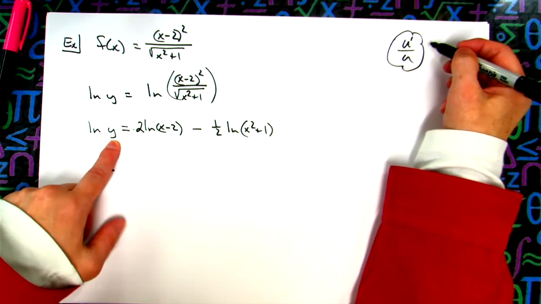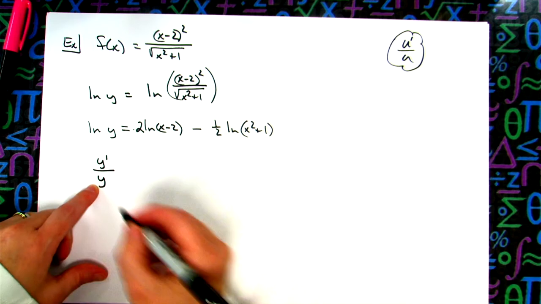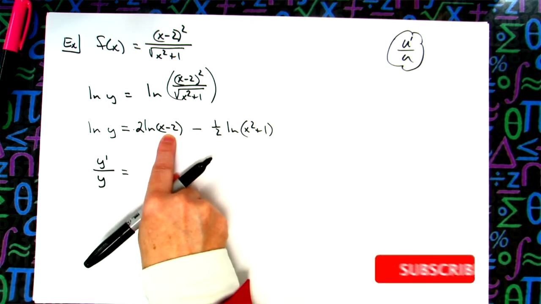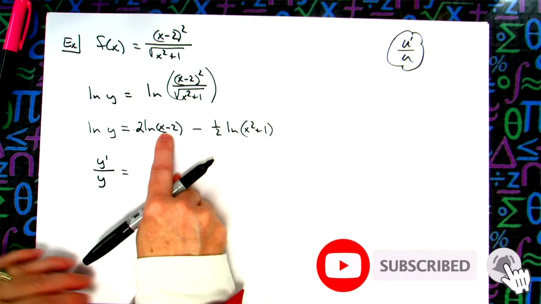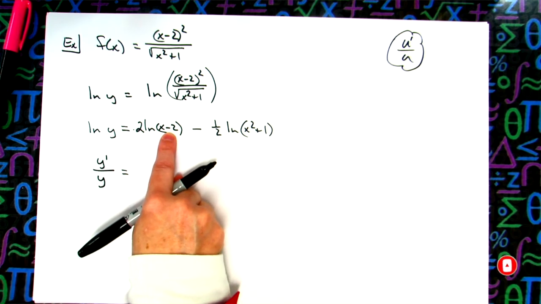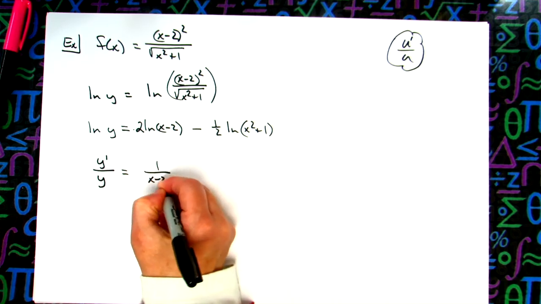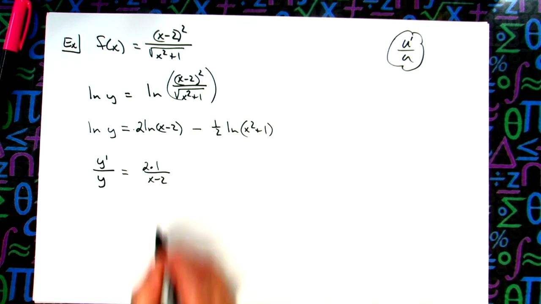There's my u. It's a 1, y prime goes on top, y on the bottom. Now this one, I'll have a 2 multiplied by this, but the derivative of that inside is 1 over x minus 2, and then times the 2 that's in front.